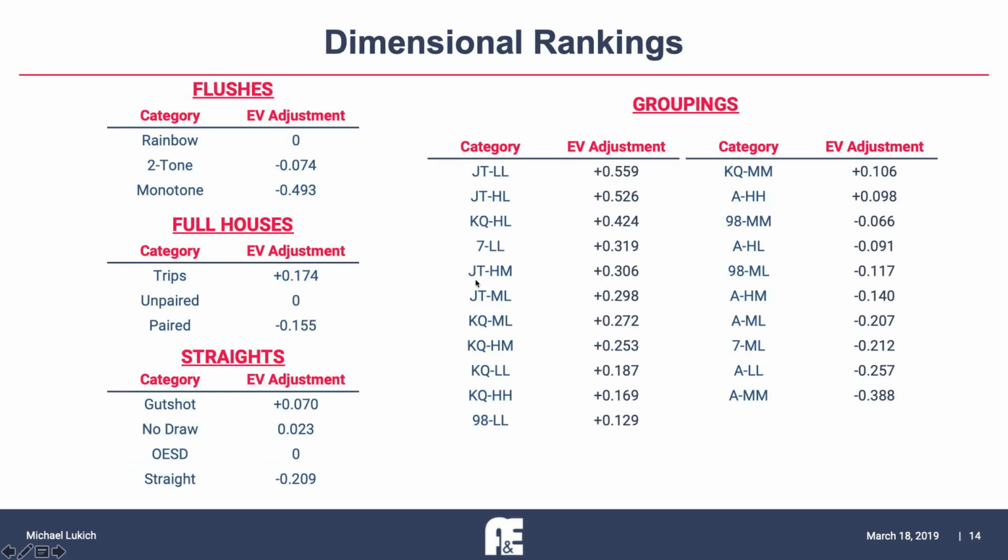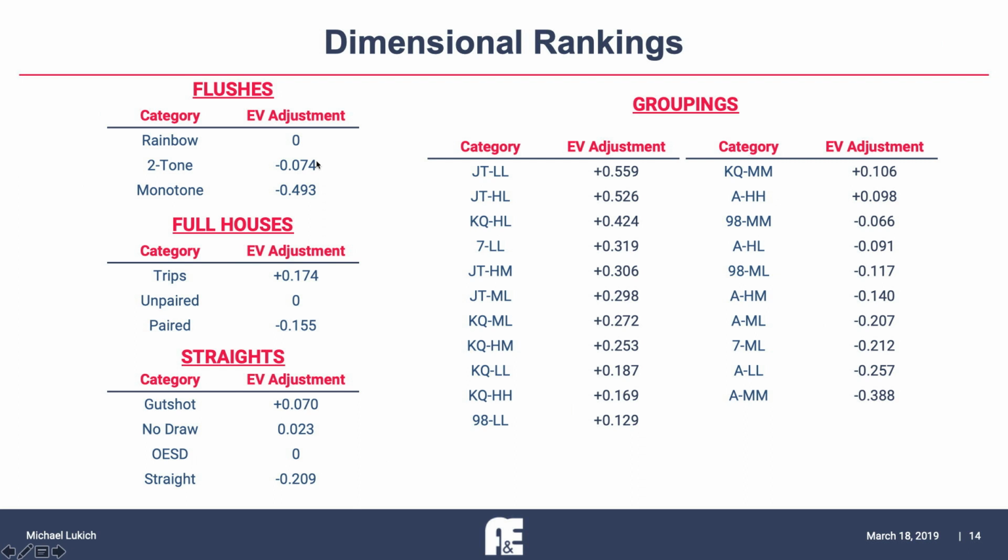So a couple of different insights from this. First, just looking at the different dimensionality rankings. I thought this was really interesting, and I've sorted this from high to low, the different adjustments that we have. From a flush standpoint, rainbow boards are worth 0.